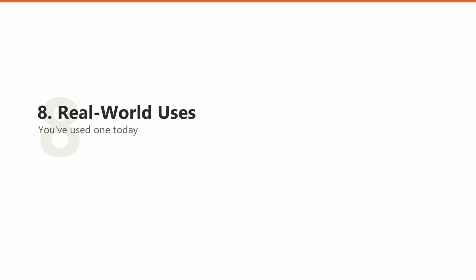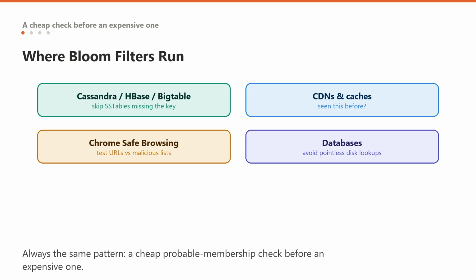Concept 8, where Bloom filters actually run. You've used them today without knowing. Databases like Cassandra, HBase, and Google's Bigtable put a Bloom filter in front of every on-disk file, so a read can skip files that definitely don't contain the key, avoiding pointless disk reads.